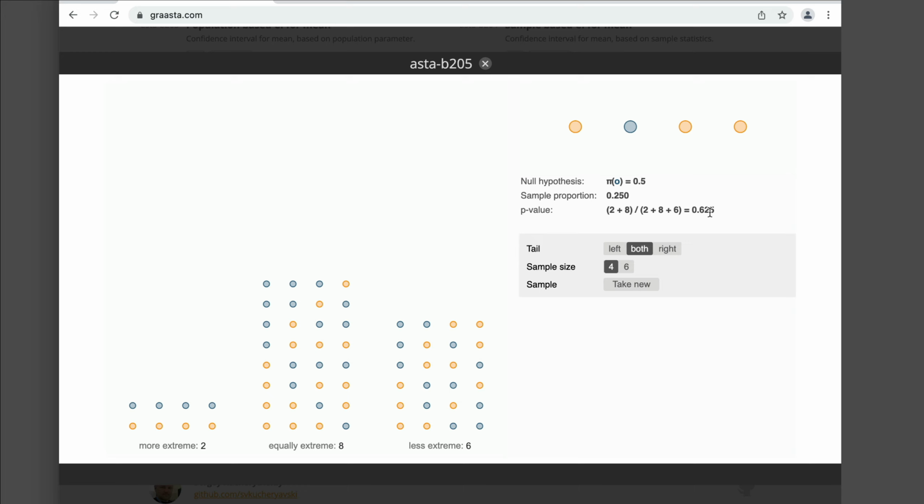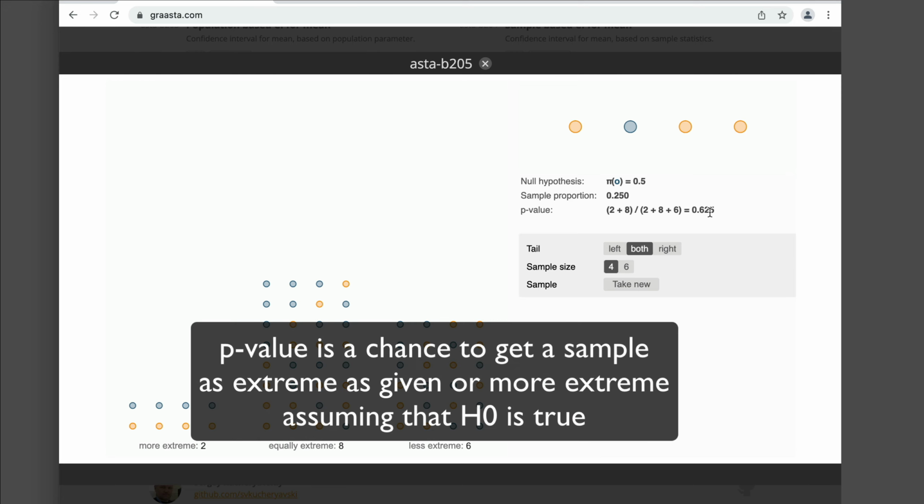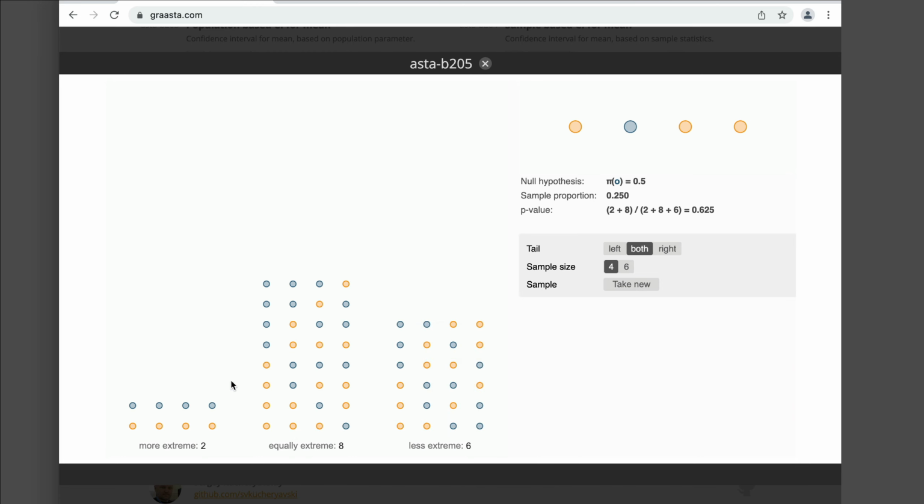How do I compute it? So once again, what's the definition of p-value? It's a chance to get a sample as extreme as mine or more extreme. My sample is extreme because I don't have 50-50, right? I have 25% of tails. But what will be a sample as extreme as mine? So any sample with 25% of tails or 25% of heads will be as extreme as mine.